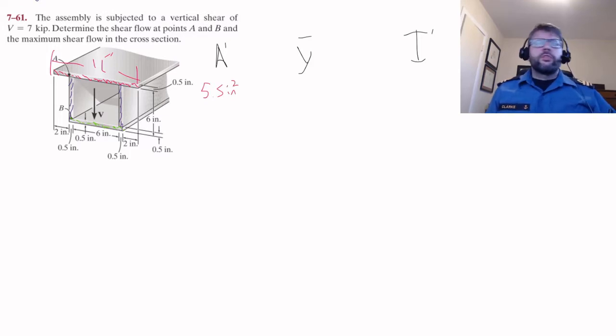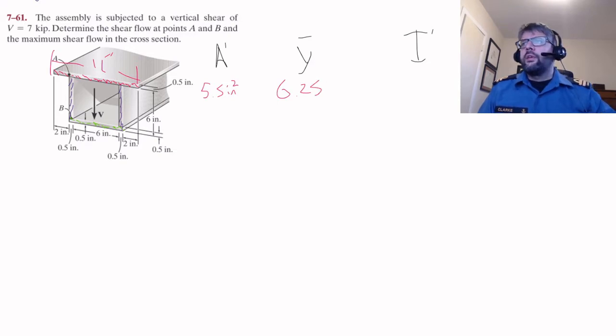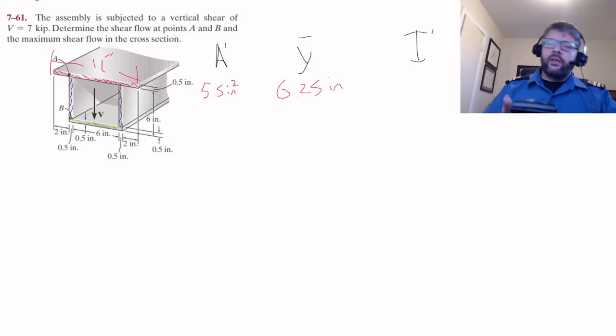I'm going to keep measuring from the base up for our initial Ybar calculations. Based upon that, we've got 6 inches plus half of 0.5 inches, so 6.25 inches. And then our I calculation, that'll be 0.5 inches to the third times 11 inches divided by 12.